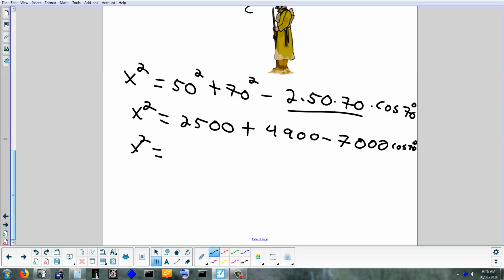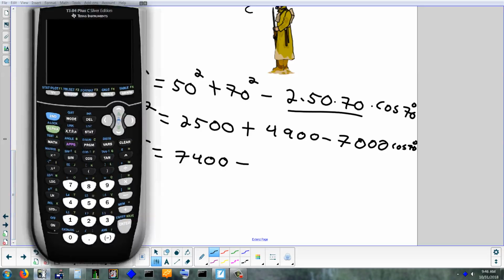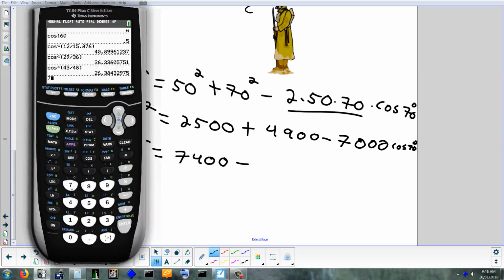Let's see, what's 2,500 plus 4,900? 7,400 minus, I need a calculator now. Let's see, 7,000 cosine 70. So that's minus 2,394.14.